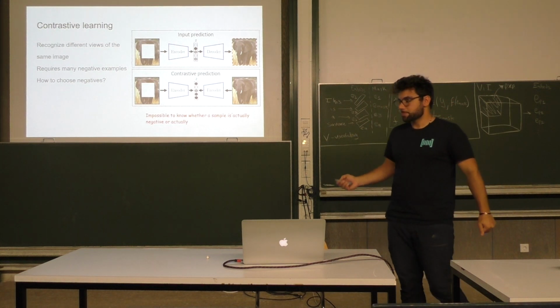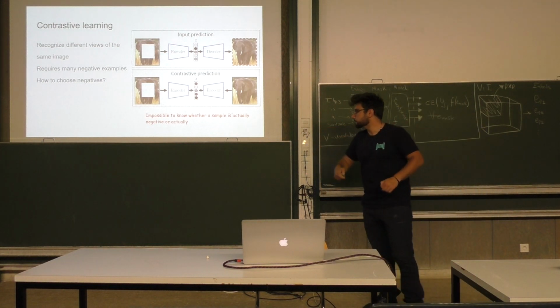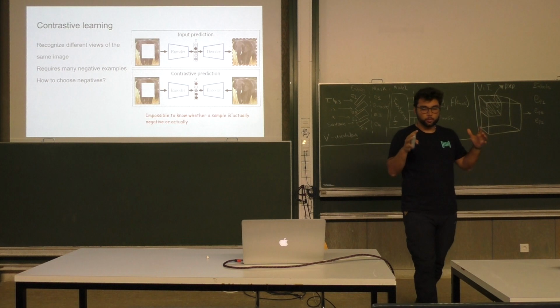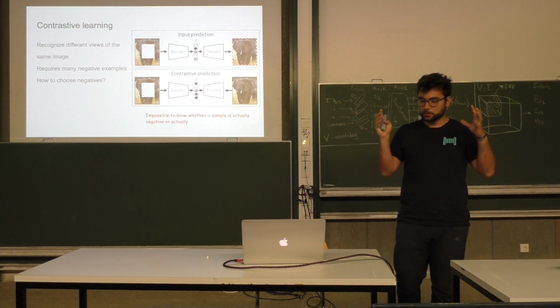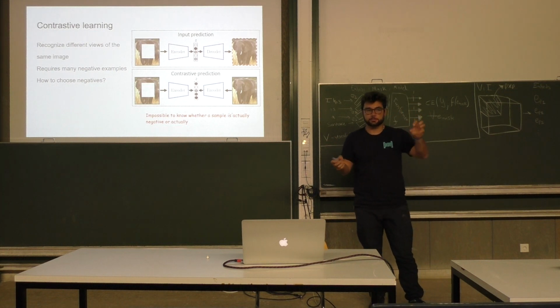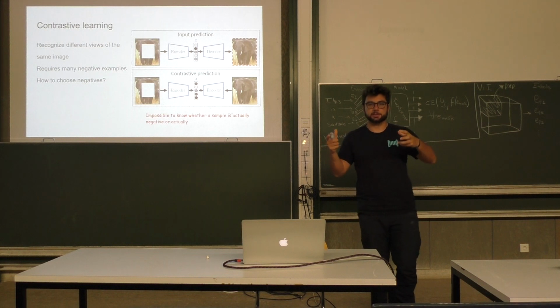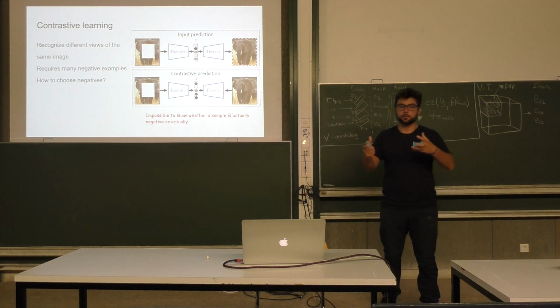All right. So the problem here, as it is shown in red, is that it's very hard to define the negatives. We randomly sample the images in the batch or in the queue, but we cannot actually guarantee that these images are negative. Why?